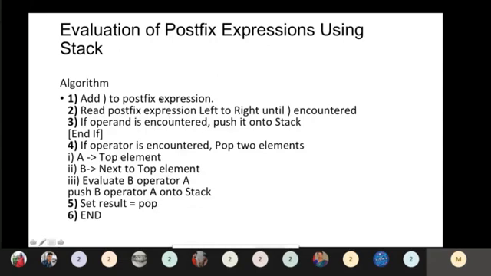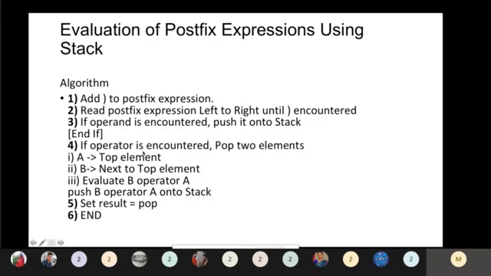First, we have a postfix expression. Now we read the postfix expression from left to right until the end is encountered. Here also it is the same thing: we have only two things. Any character should be either an operand or an operator. If an operand is encountered, then we push it on the stack.